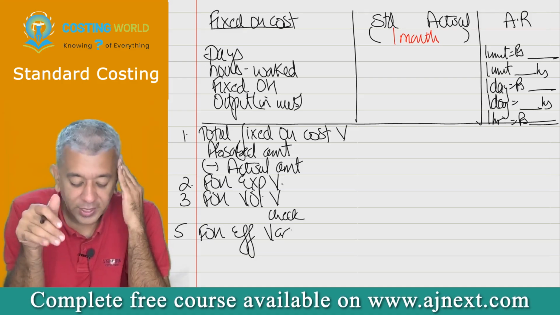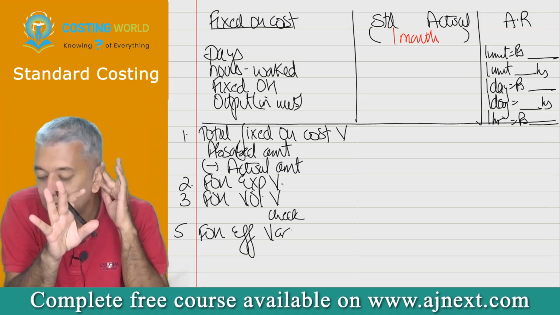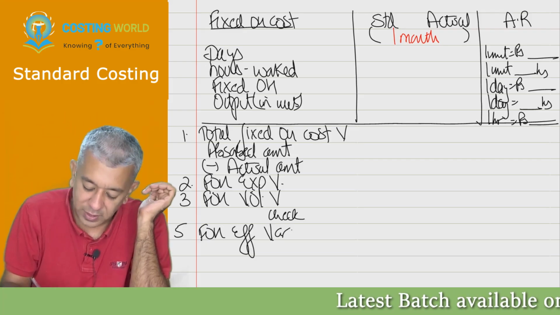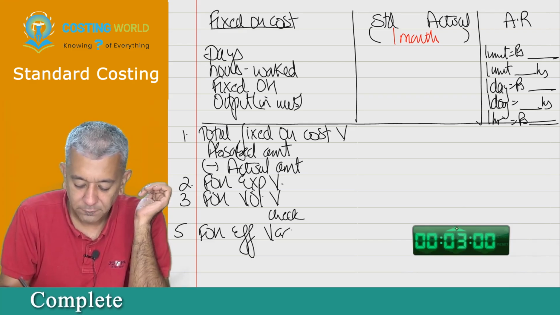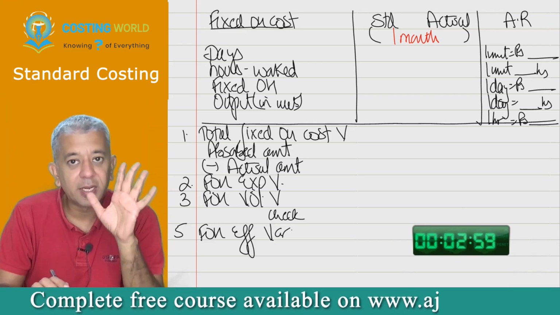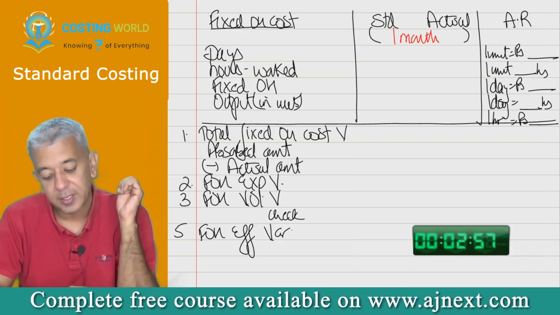So fit in your data in this. Don't start away with the variances. I'm giving you all 3 minutes for that part only. Just try to fit in the data. That is more important.